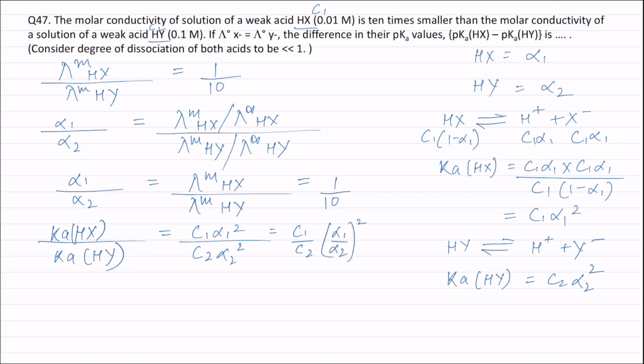Now putting the value of C1 and C2 and alpha 1 by alpha 2, the value of C1 by C2 into alpha 1 by alpha 2 whole square will be equal to 0.01 divided by 0.1 into 1 by 10 whole square, and this is equal to 1 by 1000.